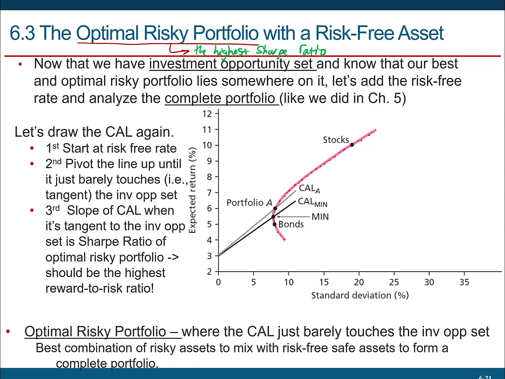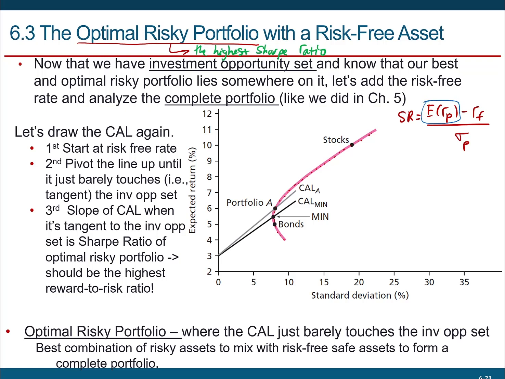But for the Sharpe ratio, we need to do what? Here's the formula for the Sharpe ratio. We have the return on the portfolio minus the risk-free rate, divided by the standard deviation of the portfolio. So we know this, right?